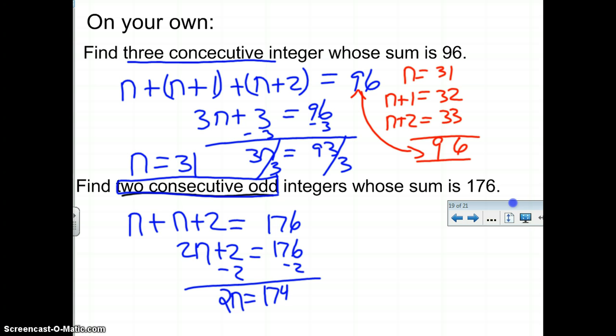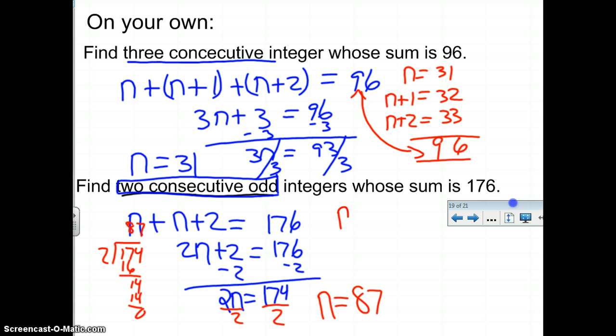At this point, if I divide by 2, I get the statement that n equals 174 divided by 2, which is 87.